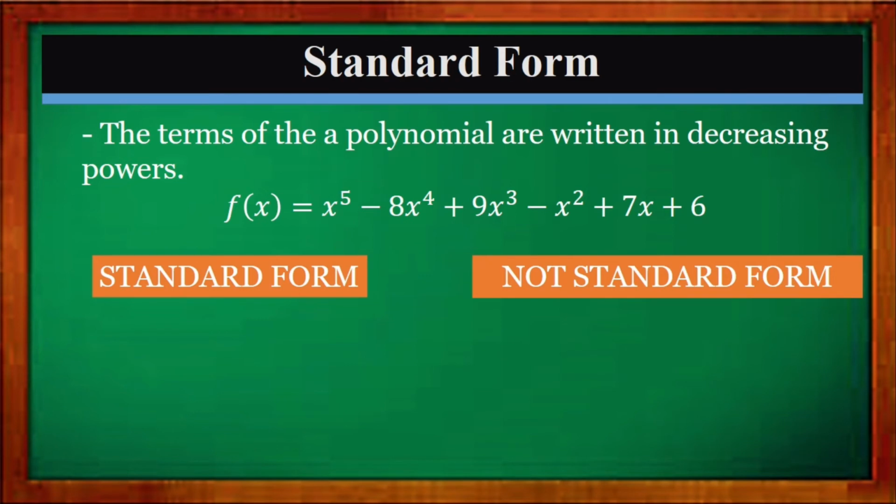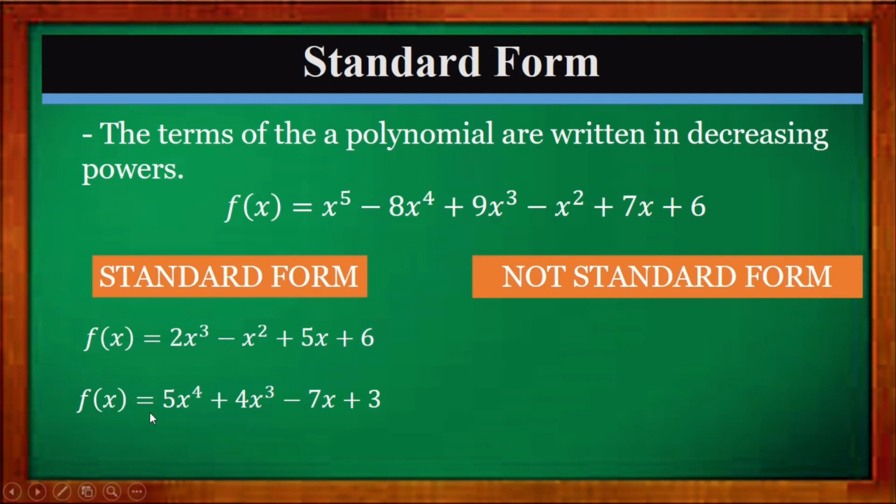So, example for standard form, we have f of x equals 2x cubed minus x squared plus 5x plus 6. So, ito ay example ng polynomial na nasa standard form because naka-arrange siya in decreasing power. So, exponent of 3, 2, 1, and 0. And another one is f of x equals 5x raised to 4 plus 4x cubed minus 7x plus 3.